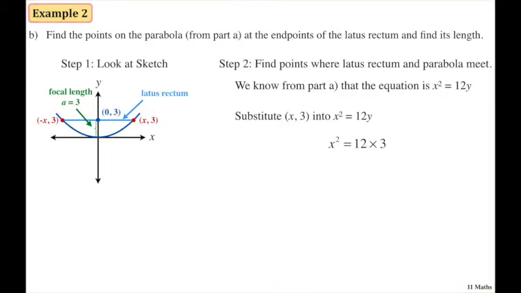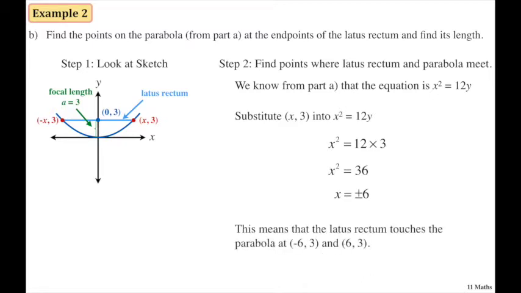It becomes x squared equals 12 times 3 because y is 3, so x squared equals 36. If we take the square root of both sides, x will equal plus or minus 6. That means the latus rectum has points at (6, 3) and (-6, 3).